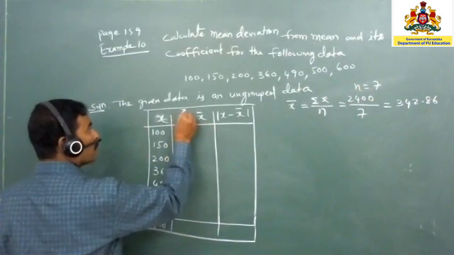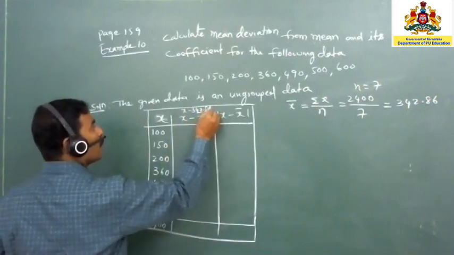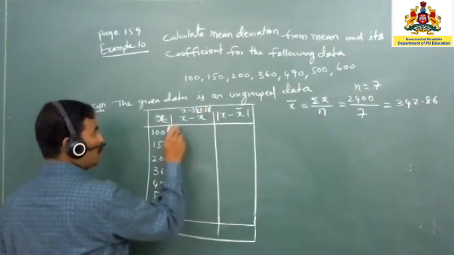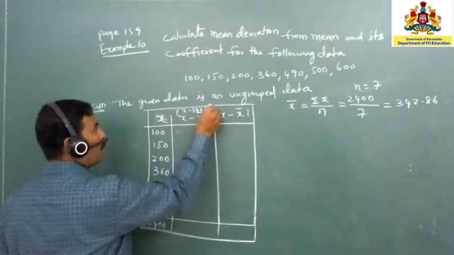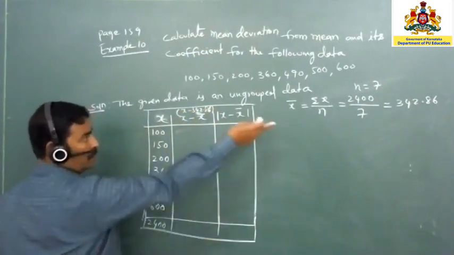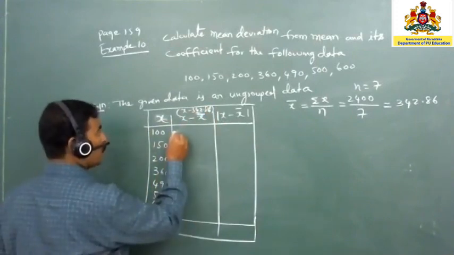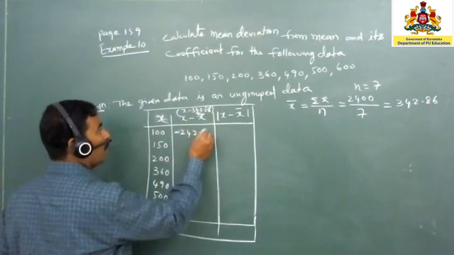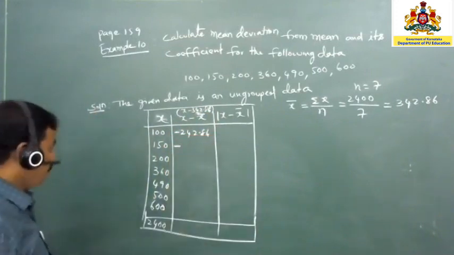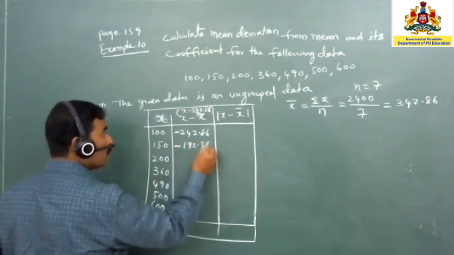Then x minus x bar. In place of x bar, write the mean value 342.86. So 100 minus 342.86 is minus 242.86. Then 150 minus 342.86 is minus 192.86.